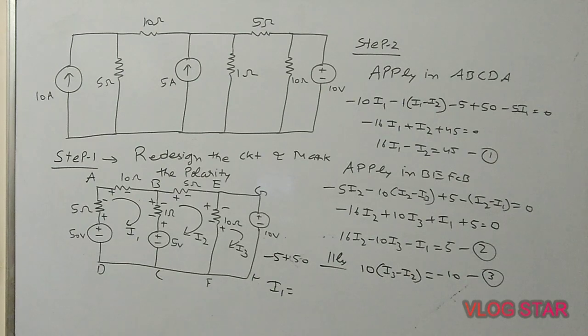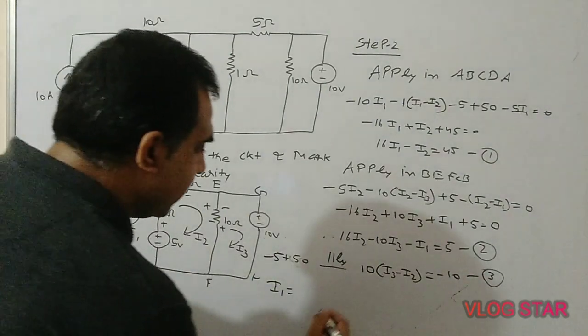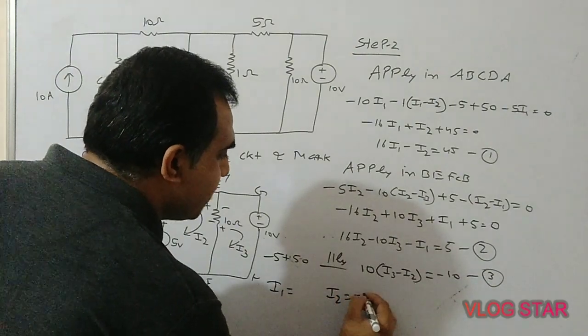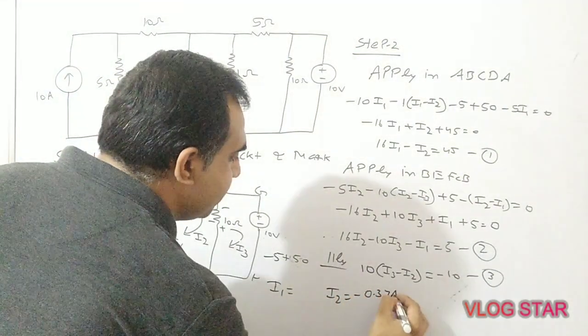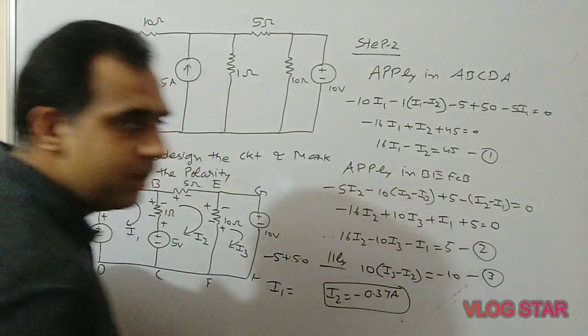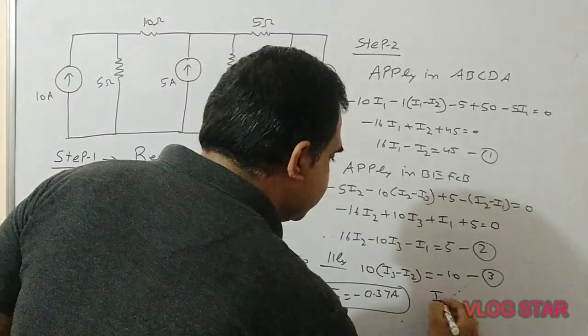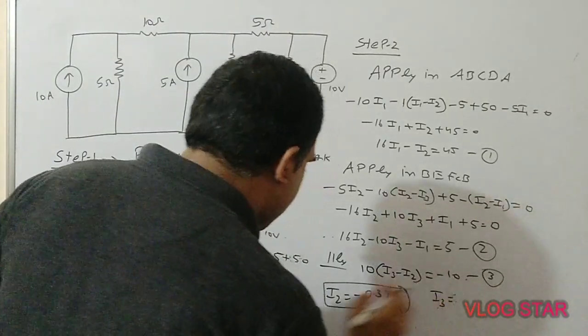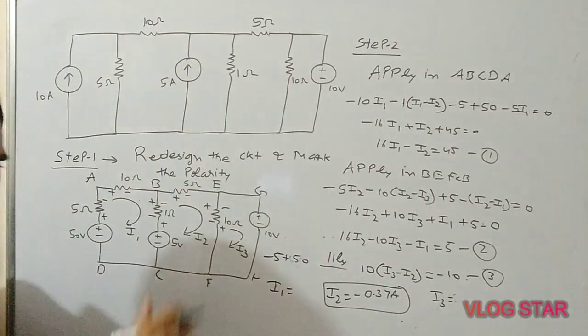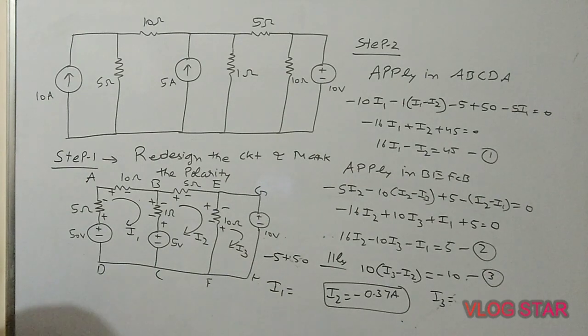So basically I2 is minus 0.37 ampere. Okay, correct. Now first of all I will tell you the value of I1. I1 is minus 2.79.